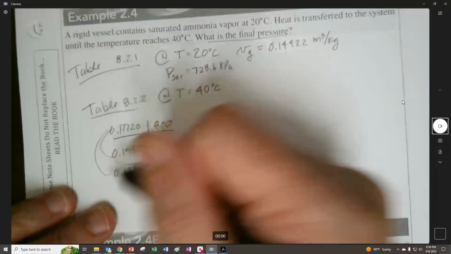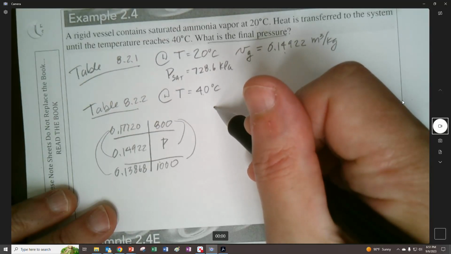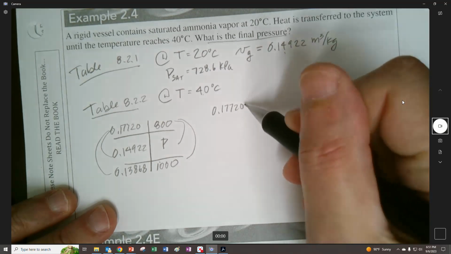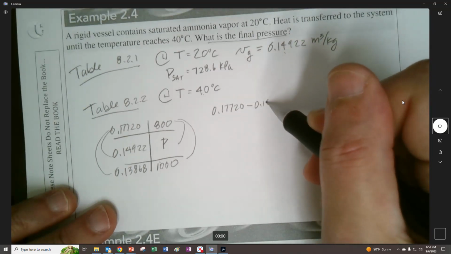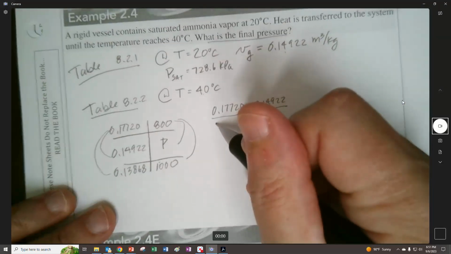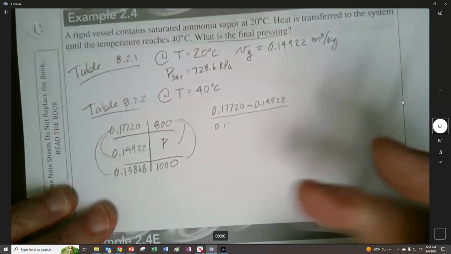And as I said, I like to just go like that right there. Makes it easier, just a nice little routine. 0.17720 minus 0.14922, divided by 0.17720 minus 0.13868.